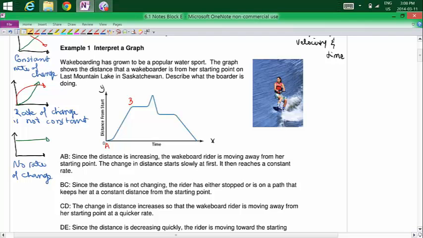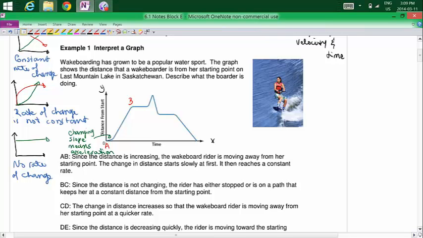Okay, so if you take a look at your graph, the first part here is curved, isn't it? So that would suggest to you that you don't have a constant rate of change, right? And if we talk about it in terms of the slope of our line, we say the slope of the line is changing, so we say changing slope. And that means acceleration, two C's, acceleration.